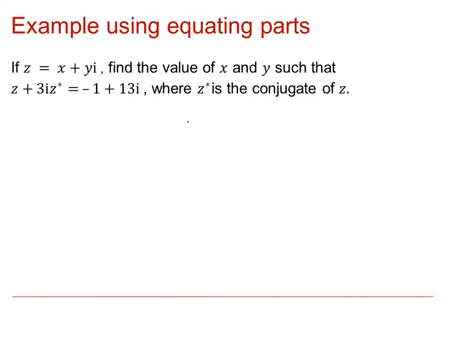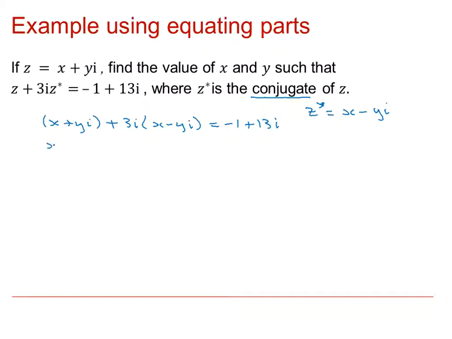So the first thing to note is if z star is a conjugate of z, then z star can be written as x minus yi. So if we substitute our complex numbers z and z star, the equation becomes z, which is x plus yi, plus 3i times z star, which is x minus yi, and equals minus 1 plus 13i.